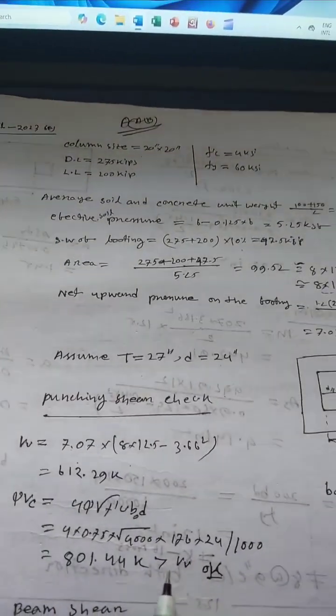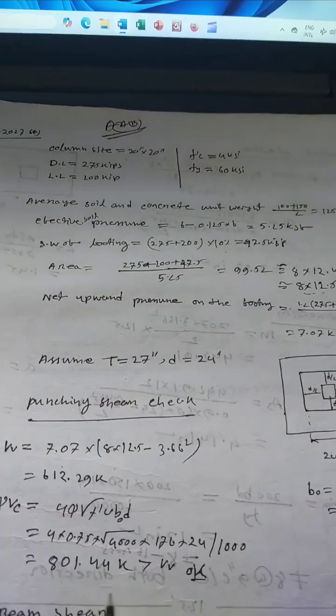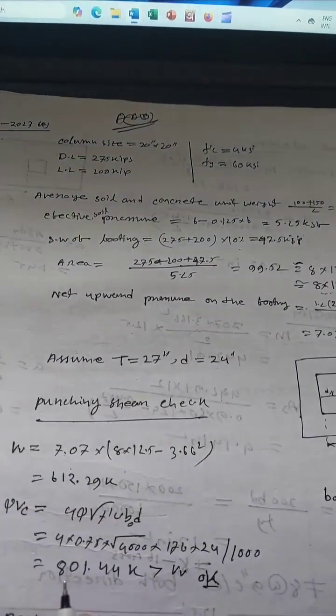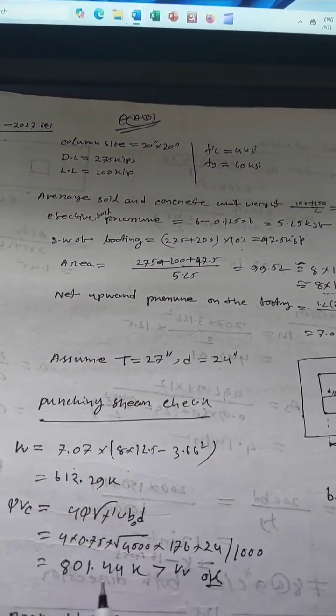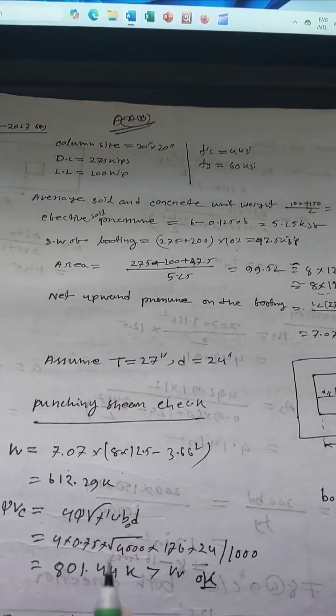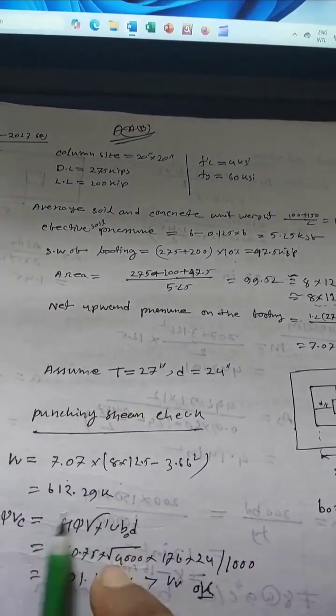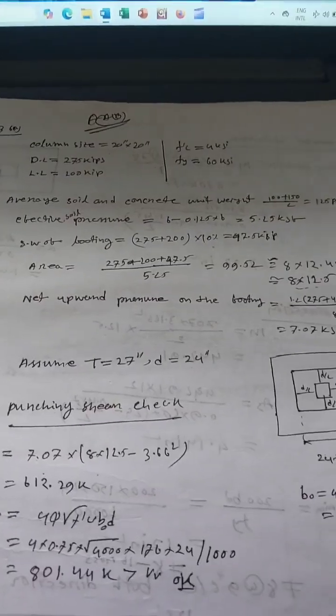Then, divided by 1000, we get 801.44, which is greater than the critical shear. So punching shear is okay.